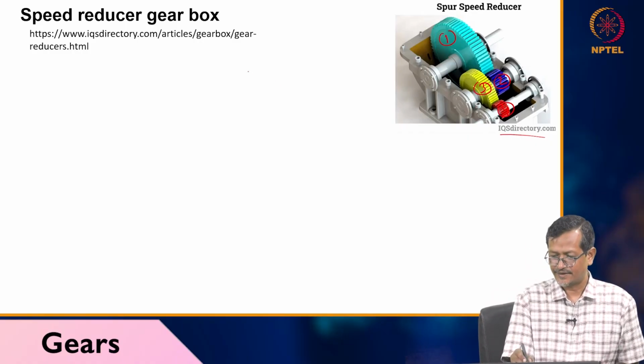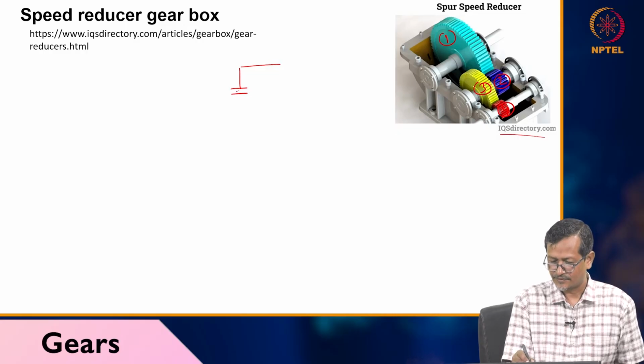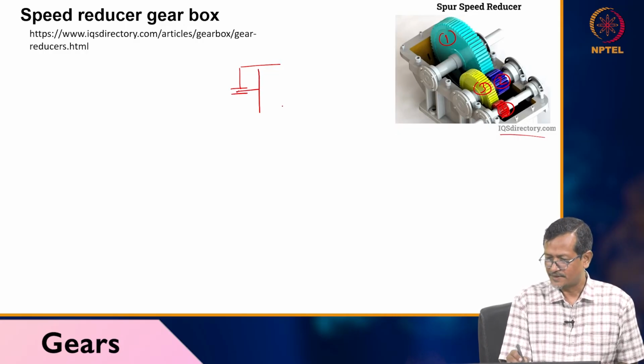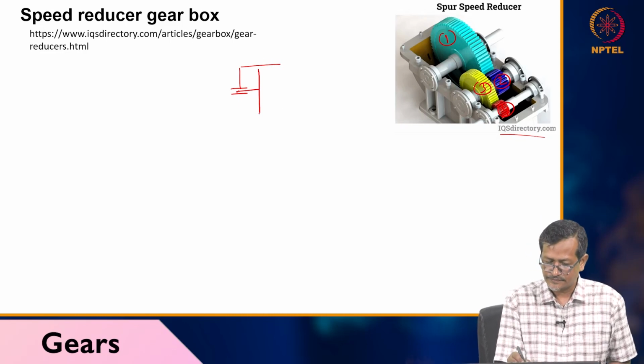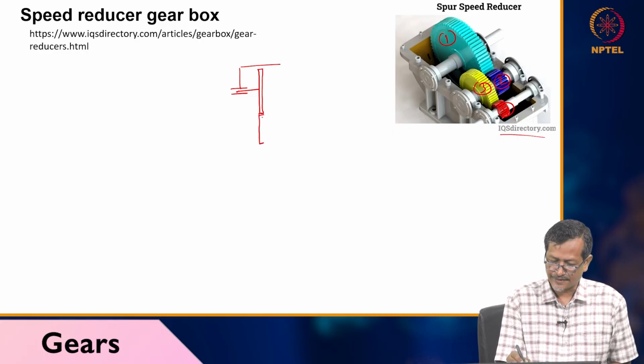Okay, if I can draw, my one gear is here, a big one. The big one is connected to a smaller one. This is the smaller gear connected.